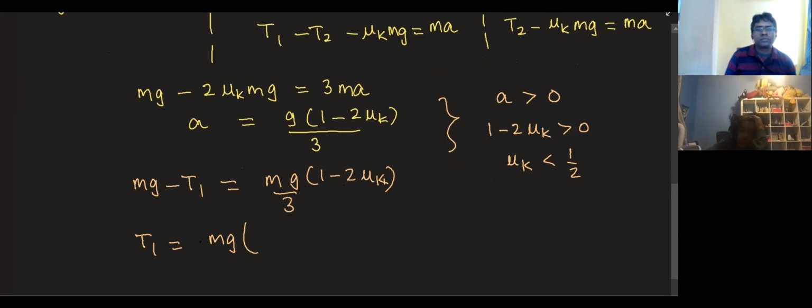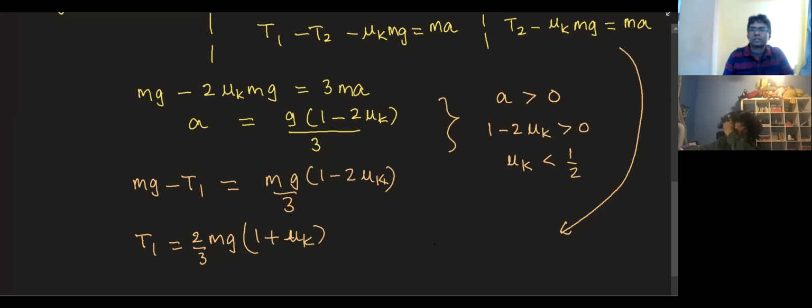Maybe I can take 2 by 3 outside, and I can write this as (1 plus mu k). So did you have this answer for T1? Abhiram? Yes. Okay. So similarly, I can get T2 from here. So T2 is mu k mg.